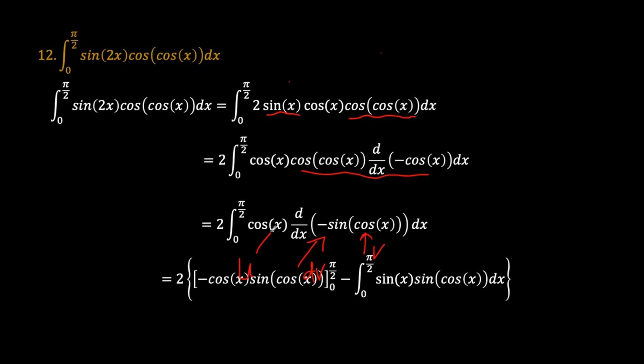So du is negative sine x, and v is negative sine of cosine x. So we have initially the negative sign was cancelled, and now we still have the negative sign from the derivative of cosine x. So now what we have here is a simple problem.